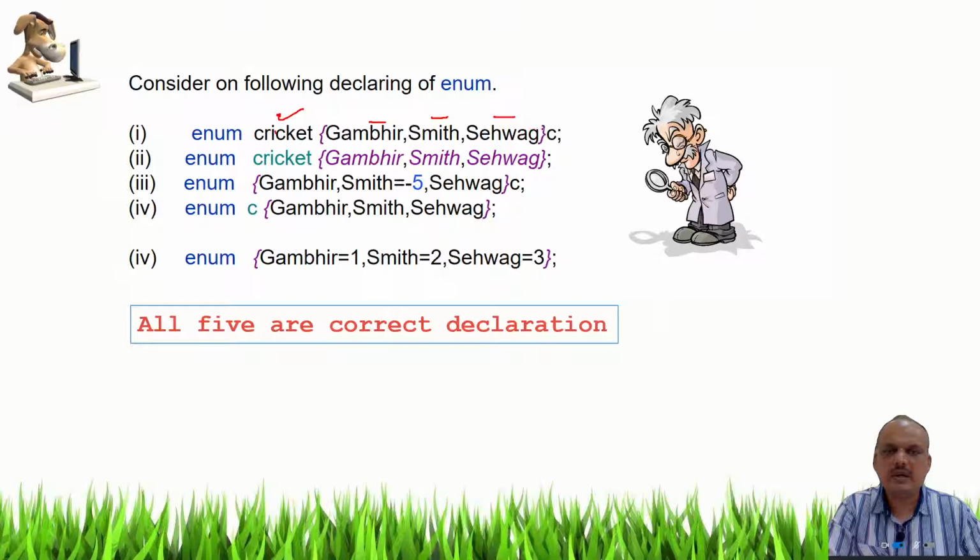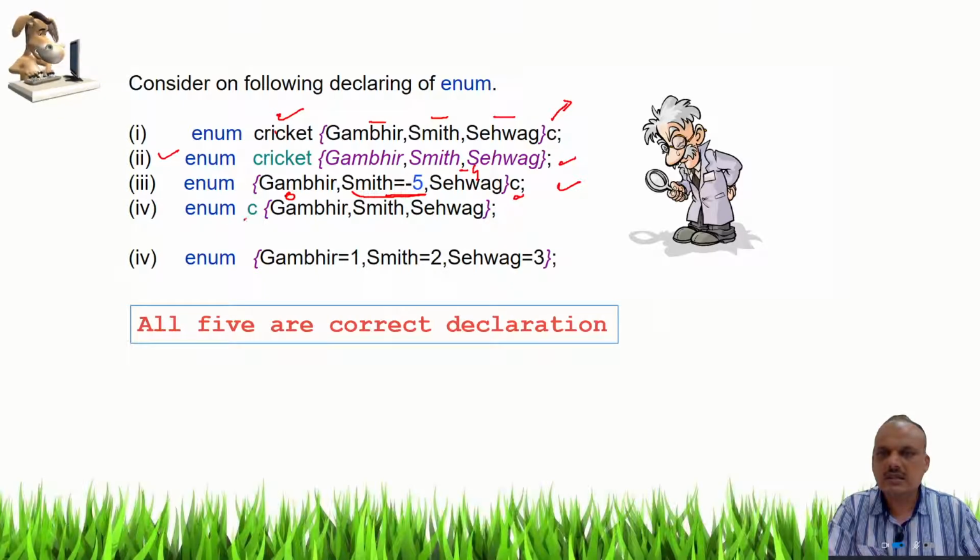and then you can have the constants or enumerator list, and then you can have an instance of it. So c is the instance of cricket. Without any instance, still valid. With an instance and a value initialization in between is still okay. So this becomes 0 and this becomes -4 and so on. This is also valid. What about this?